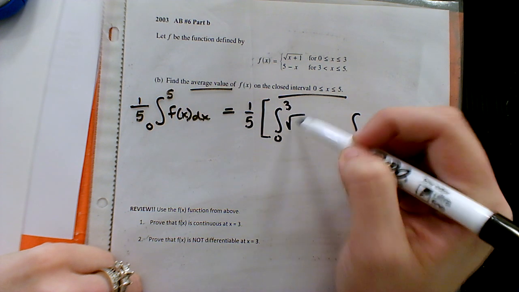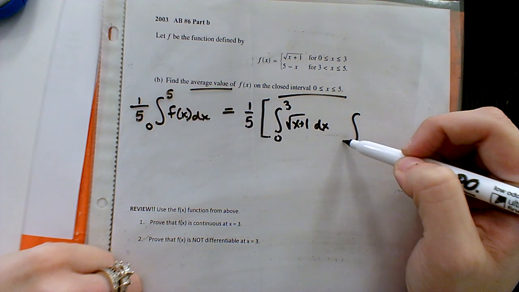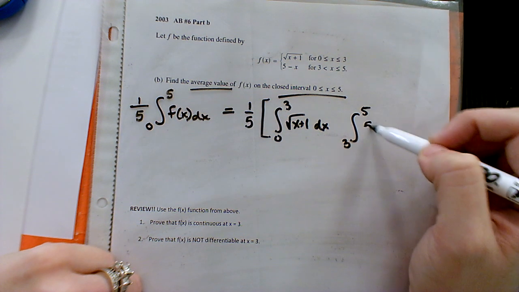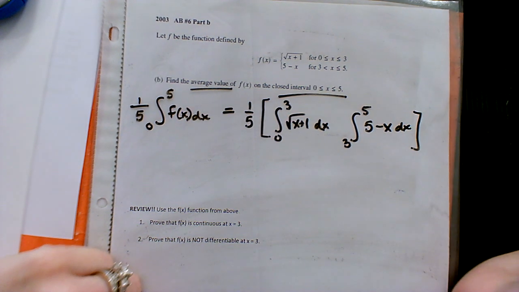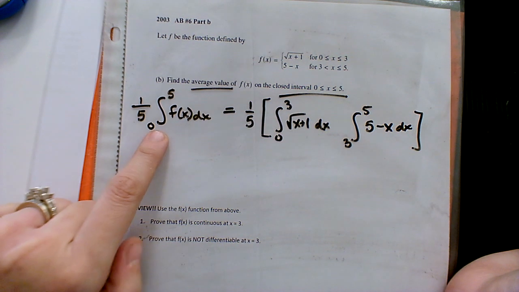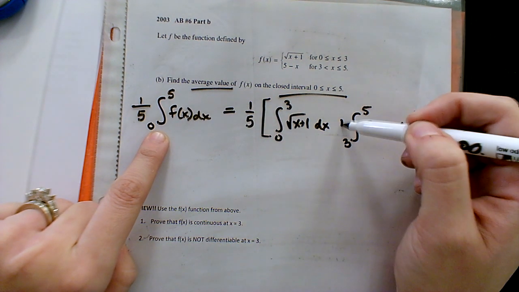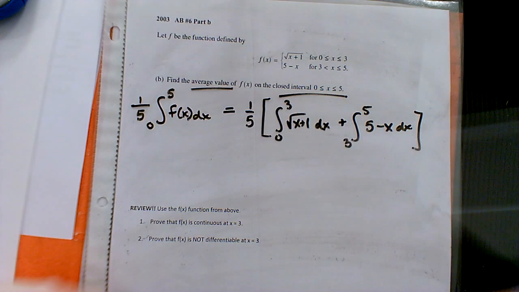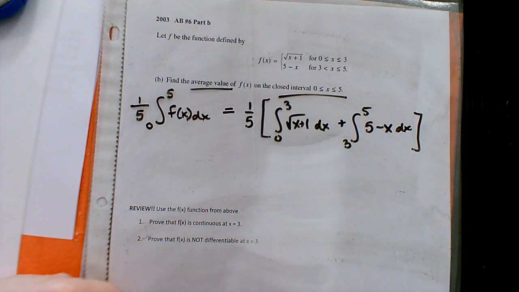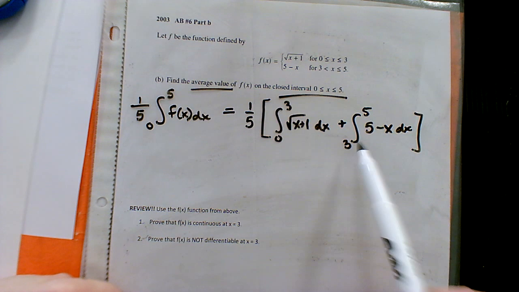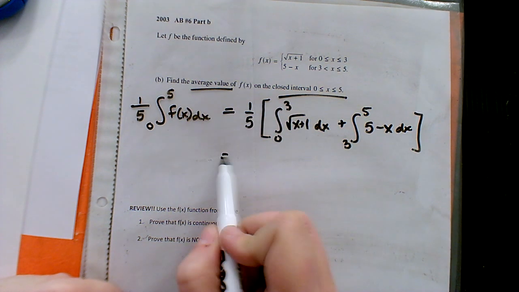One from 0 to 3 of the square root, and then one from 3 to 5 for the line. What would we have to do to those two integrals to get the overall interval from 0 to 5? Add them. Yep. Basically, the area under all of f from 0 to 5 is the same as the area from 0 to 3 added to the area from 3 to 5. That was one of our properties.